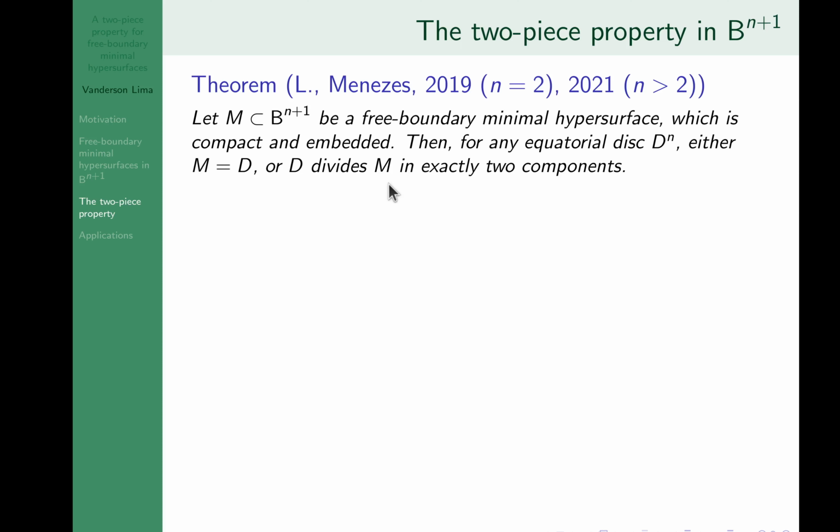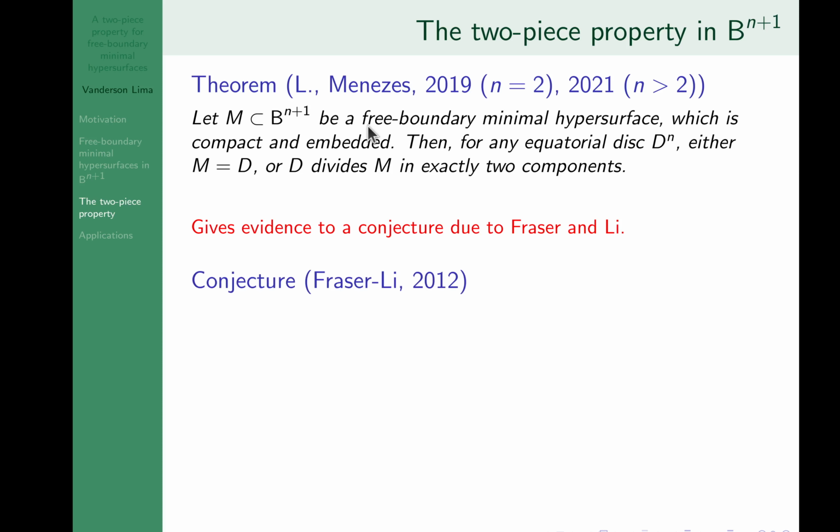Reading the statement, we can see the resemblance to the two-piece property on the sphere, but the analogy goes further, and there is a conjecture by Fraser and Li, which is the analog of Yau's conjecture in our setting. It says the following.